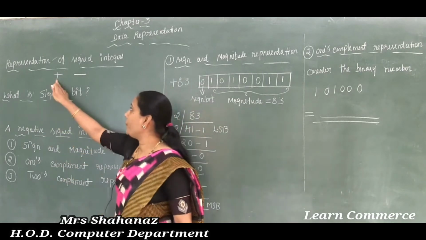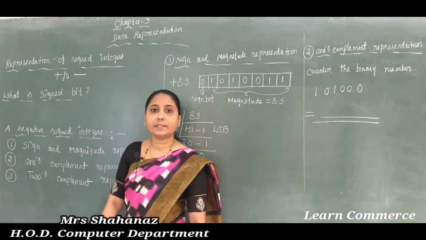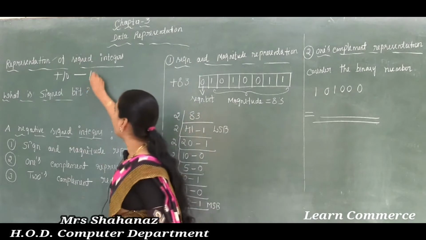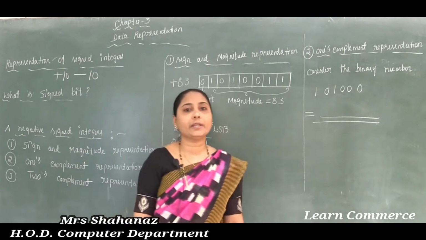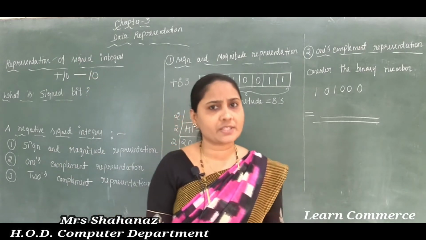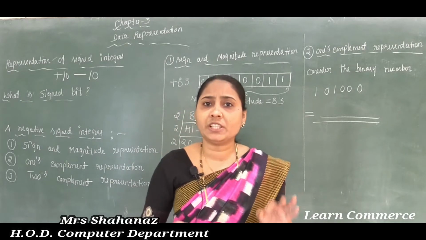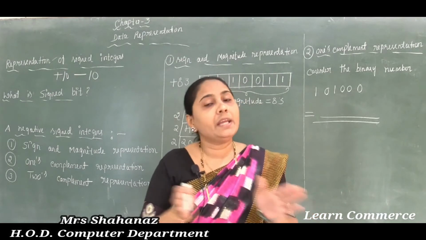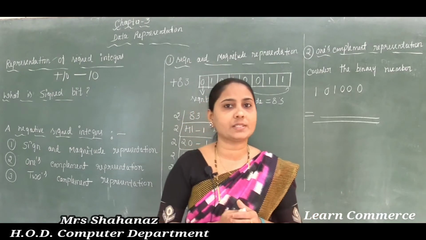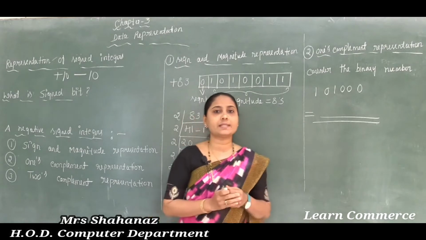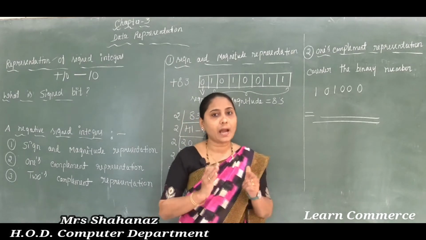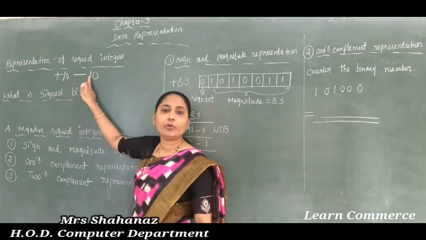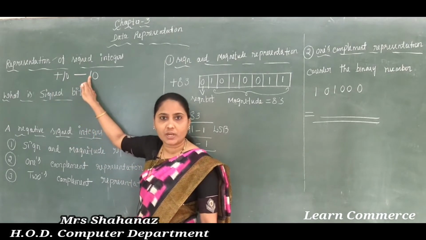Positive means plus, for example plus 10, which is called a positive number. A negative number means minus 10. Is there any restriction that our digital computer needs to handle only positive numbers or only negative numbers? No, there is no restriction. So we can say our digital computer handles both positive numbers as well as negative numbers, or negative integers. Correct?